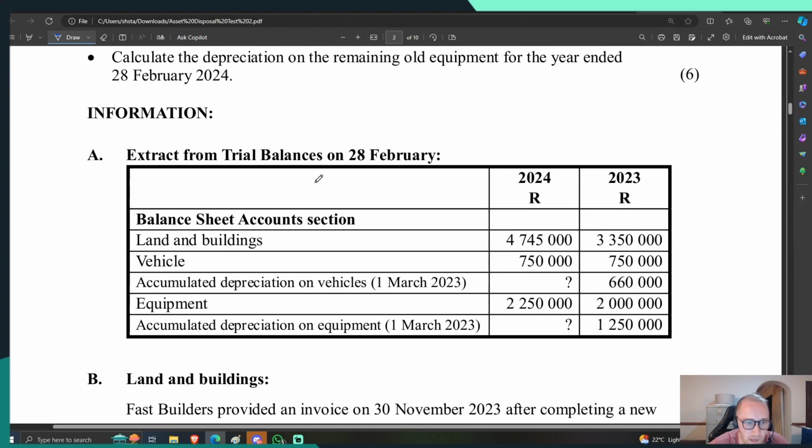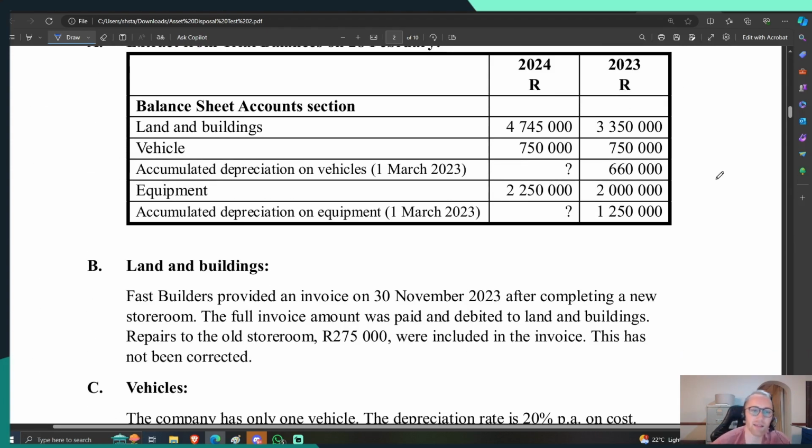Here it is. Land and buildings went up from this amount to this amount. So if there was no other information, you would take the end of year amount and minus the beginning of year amount. Now let's see if there's any other information. Fast Builders provided an invoice on 30th November 2023 after completing a new storeroom.